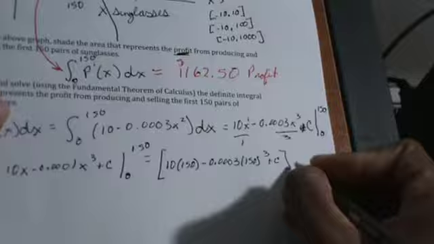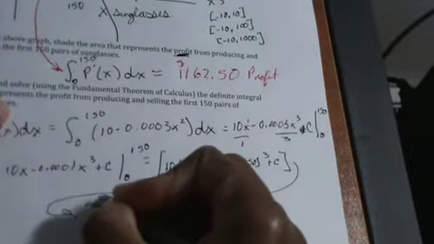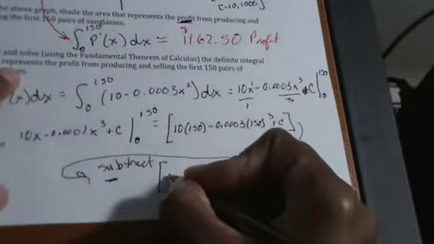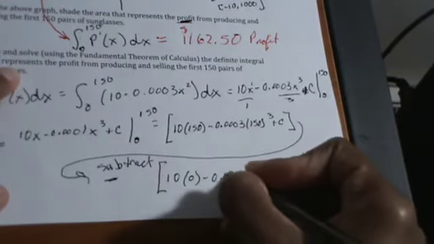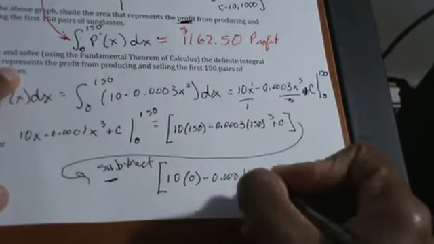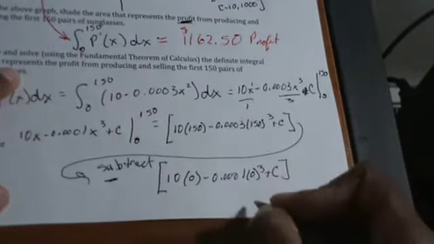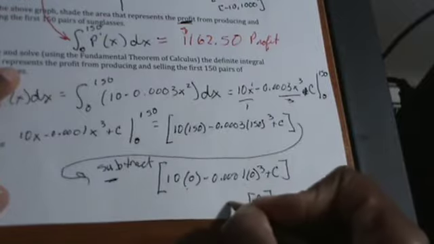And from that, you're going to subtract what happens at 0. So 10 times 0 minus 0.0001 times 0 cubed plus c. Okay, so clearly this last part is just c, right? Because everything else is 0.